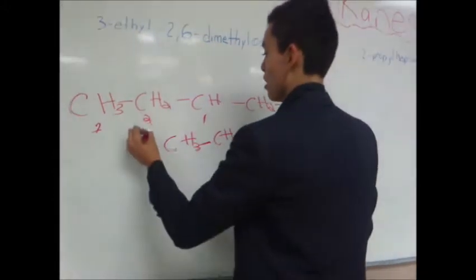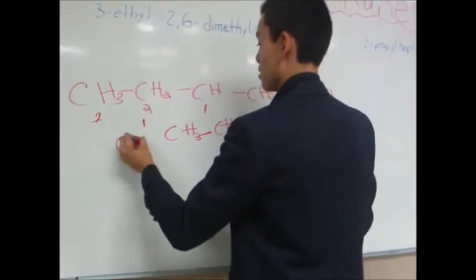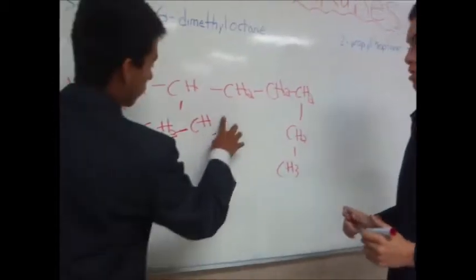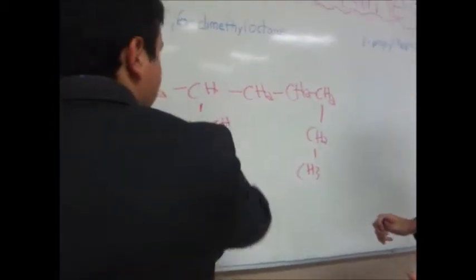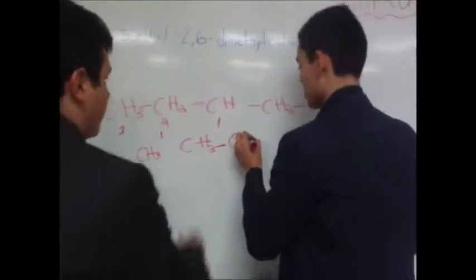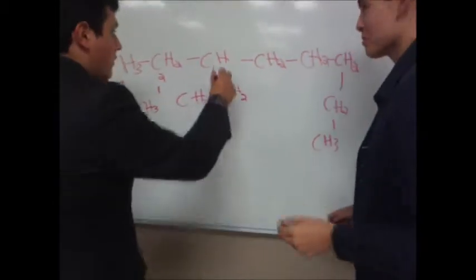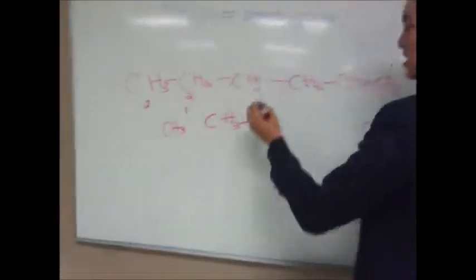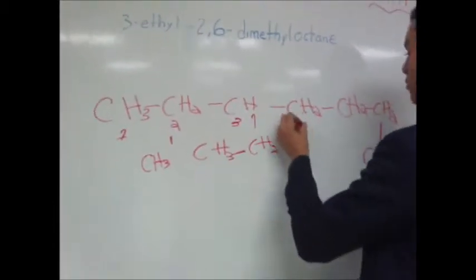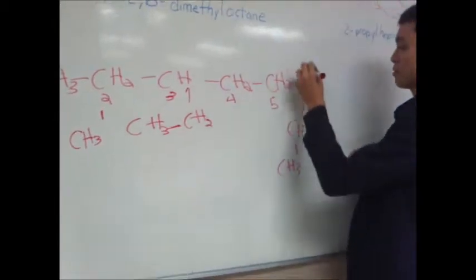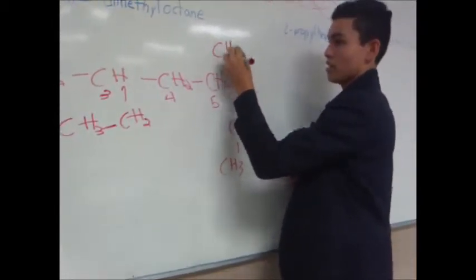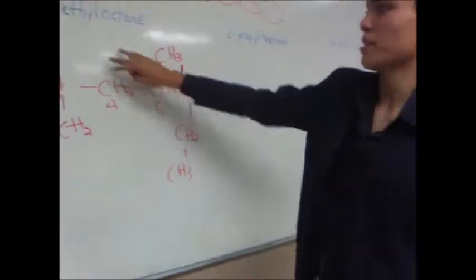So here I will put CH3. Student: Isn't this supposed to be a 2? Oh yes, sorry, I'm confused. Thank you, student. And carbon number 6, I will count 3, 4, 5, and this is my carbon number 6. I will draw a methyl again, CH3. This is the chain of this compound.